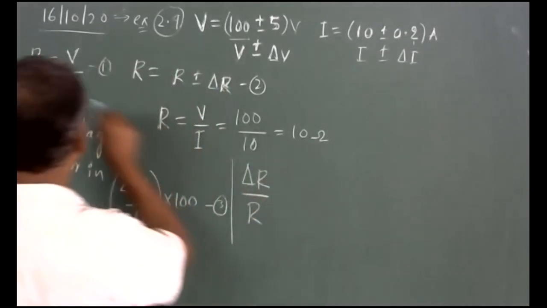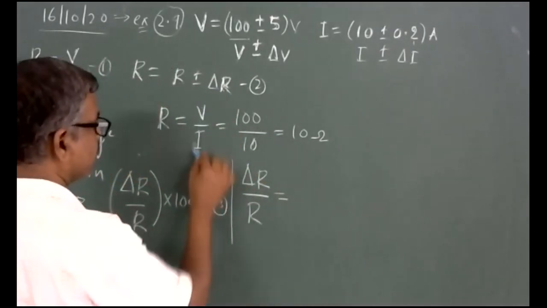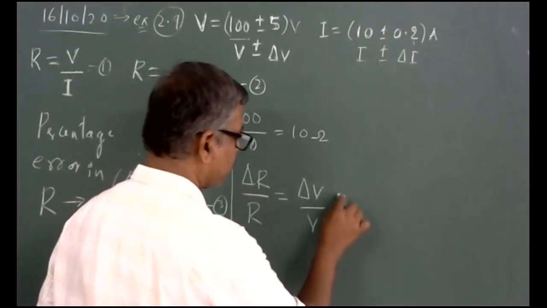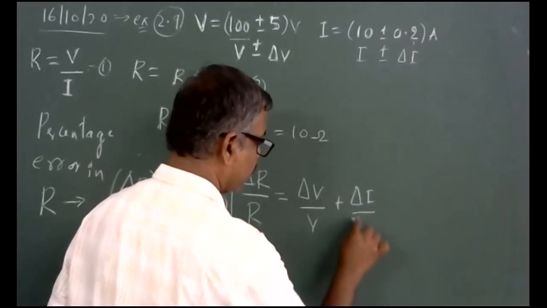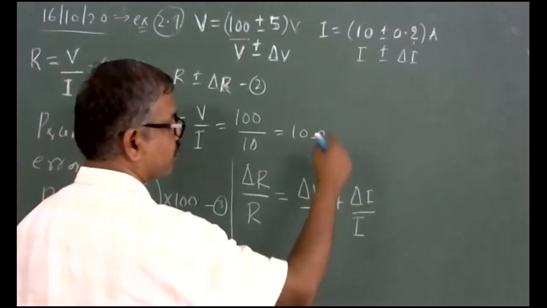Relative error in R, according to this mathematical relation, since it's a ratio, I am free to write as delta V by V plus delta I by I. You remember this formula. Out of the possibilities, this gives the maximum possible error.